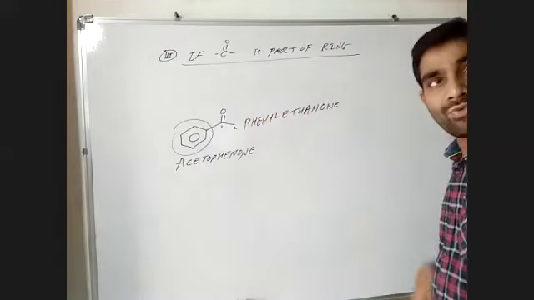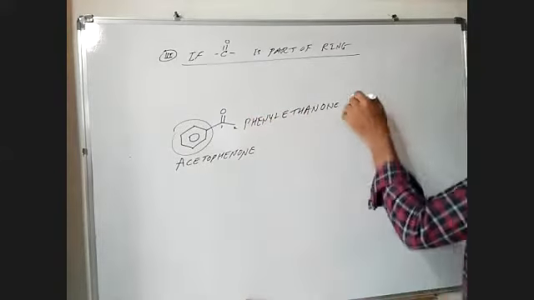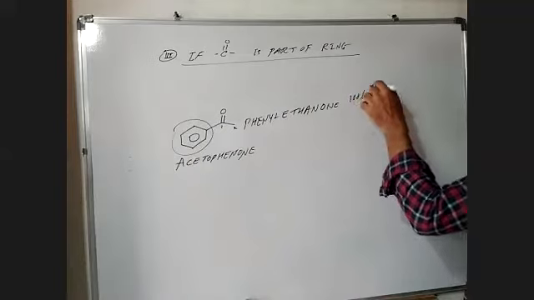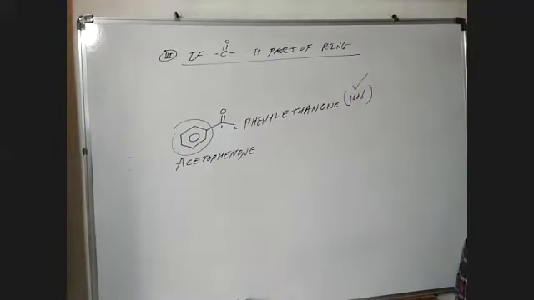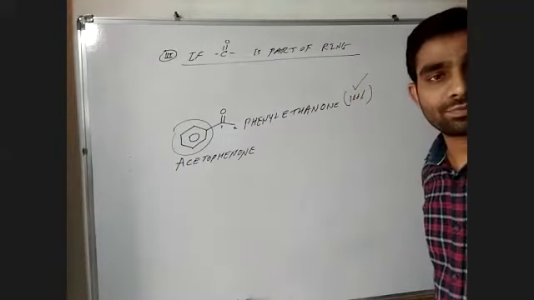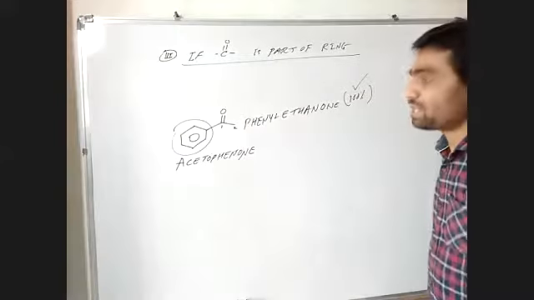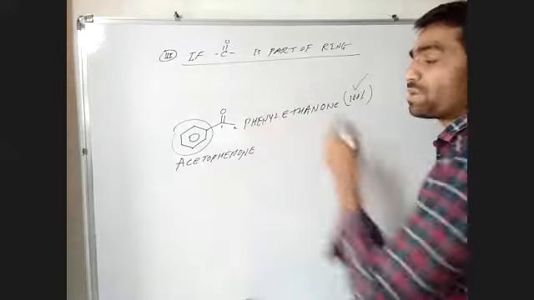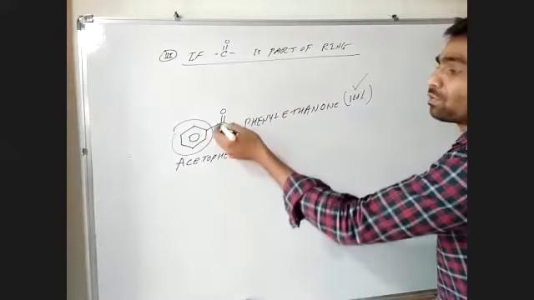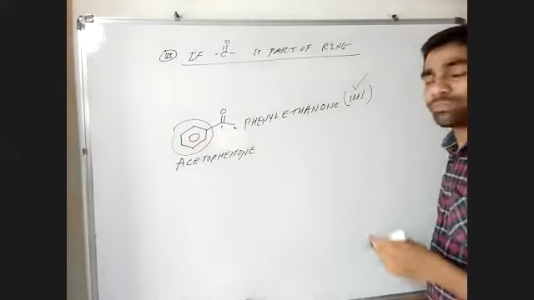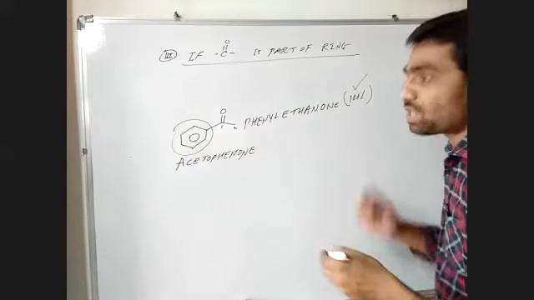Phenylethanone is the 100% correct IUPAC name of acetophenone. Very good. Writing 1-phenylethanone is also possible, but numbering is not required.